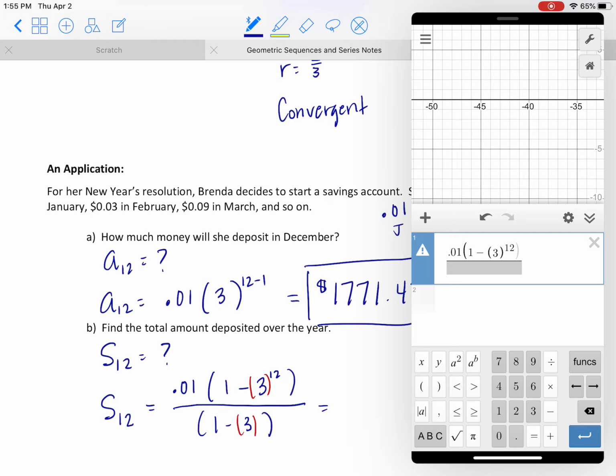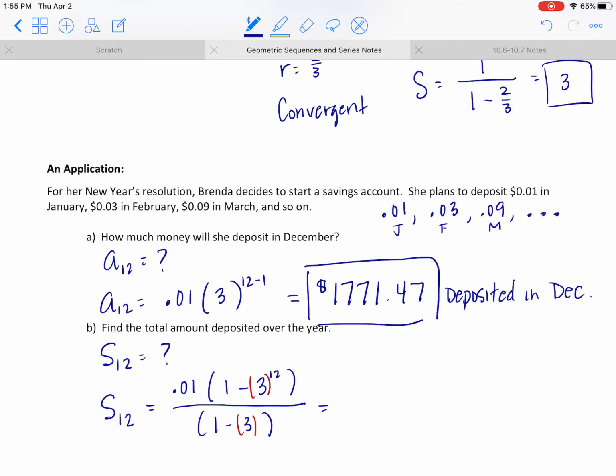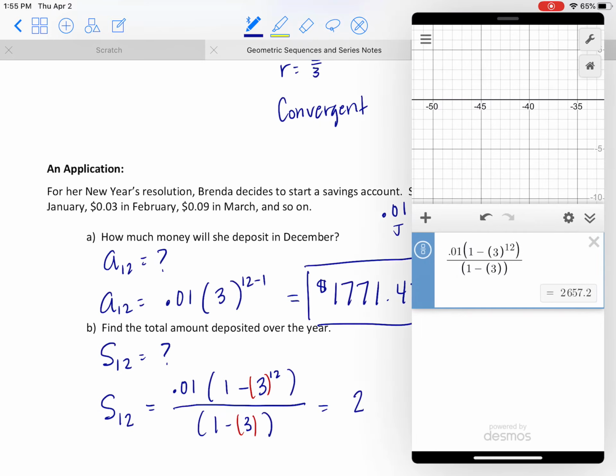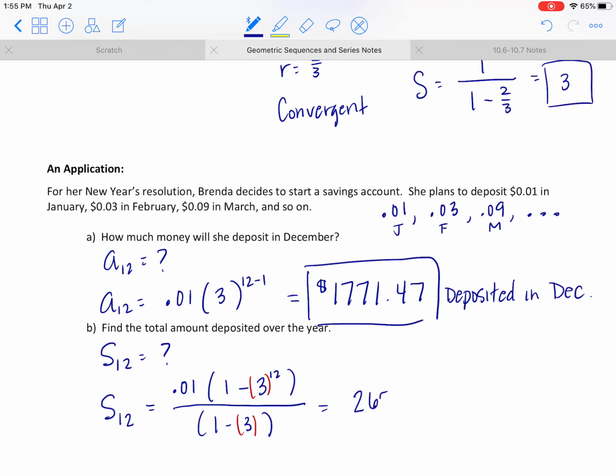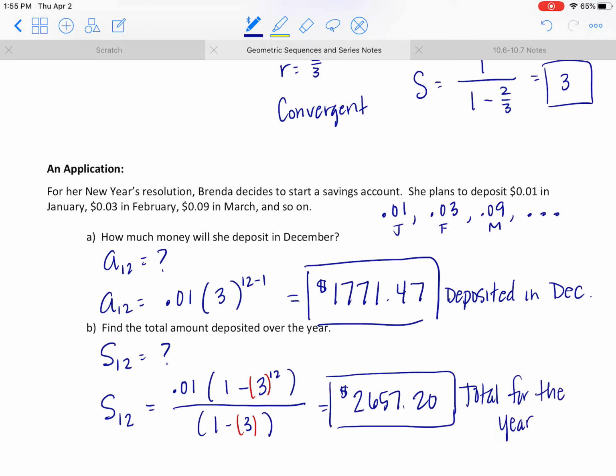So 0.01, 1 minus 3, oops, close that, 3 raised to the 12th power, and then 1 minus 3 there as well. $2,657.20, and that is the total amount for the year.